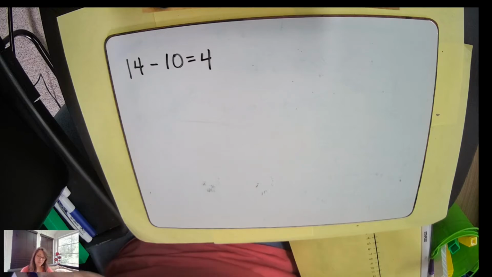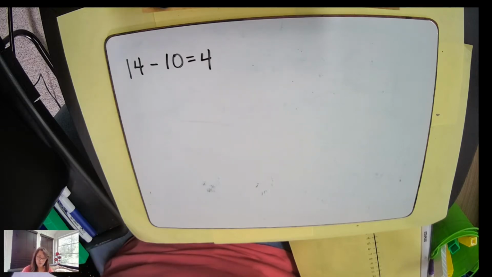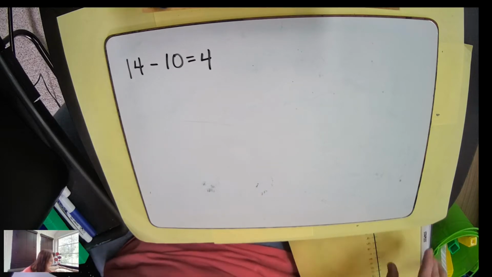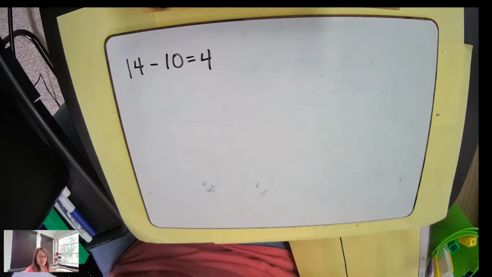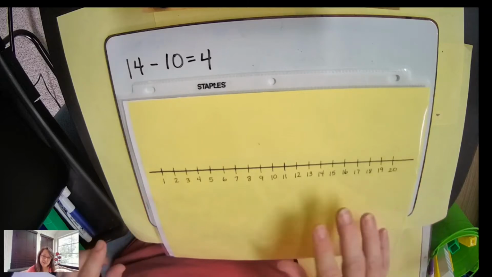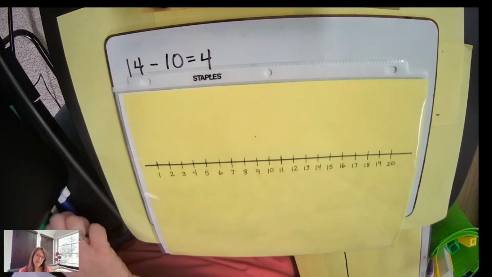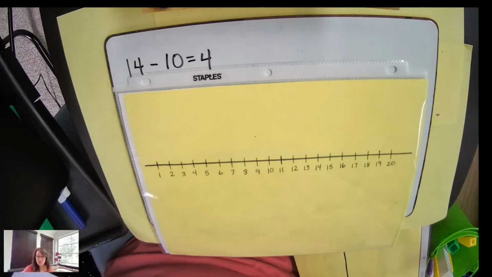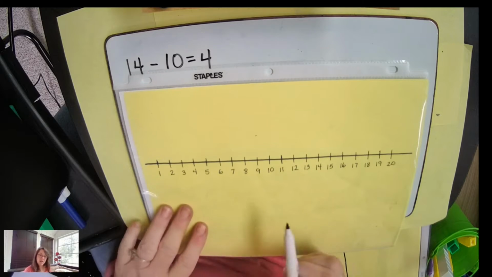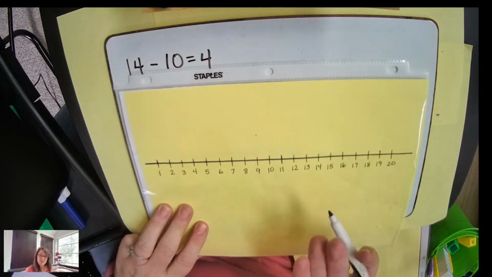Did anybody think of it differently? Okay. Lydia. Lydia says that she was thinking about 14 minus 10 on a number line, counting back.